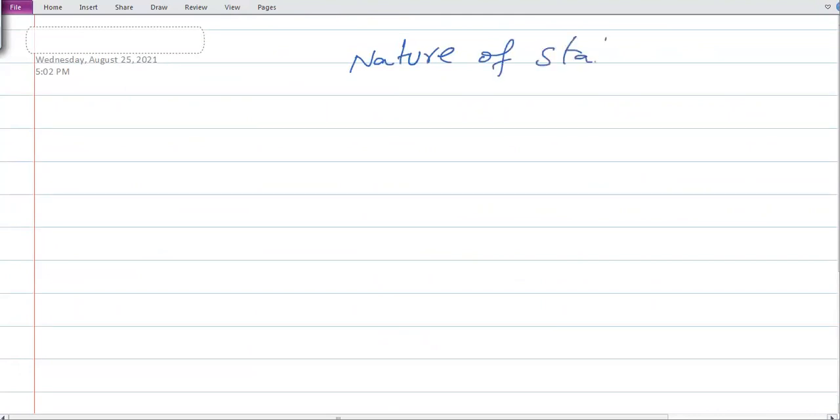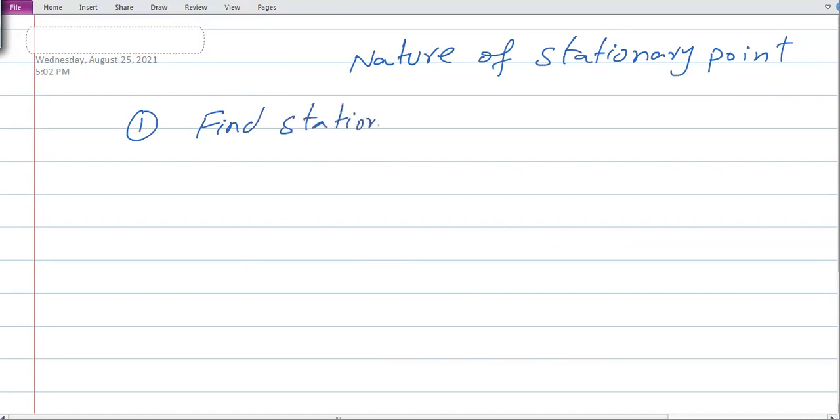For the nature of stationary point, remember how you will determine. First step will be to find the stationary point, or we call it turning point.